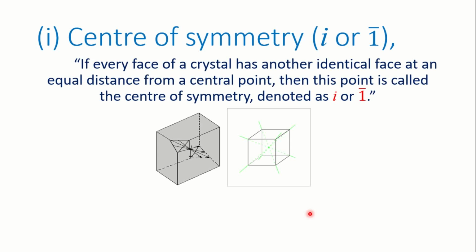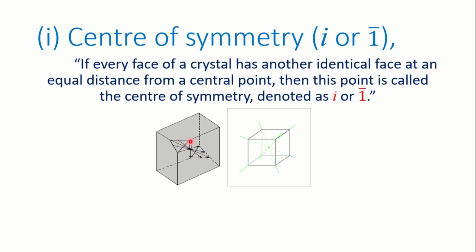Now let us elaborate. Suppose this is a crystal and this is the face. Let us start our journey from this point, and this journey ends here. So this point is repeated here, and this point is the middle of this path length.